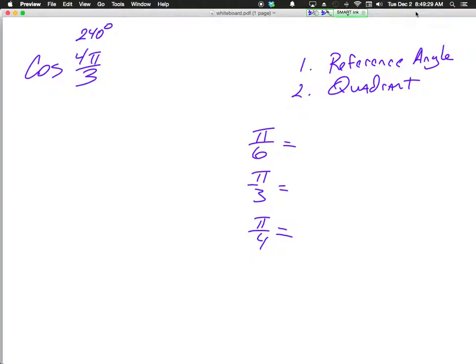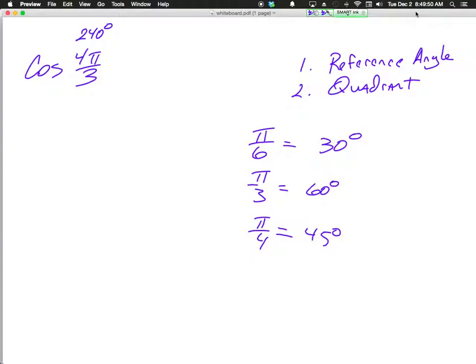Have we talked about that yet? If you convert it, pi over 6 is equal to 30 degrees, pi over 3 is equal to 60 degrees, and pi over 4 is equal to 45 degrees. Those are three things we need to know.